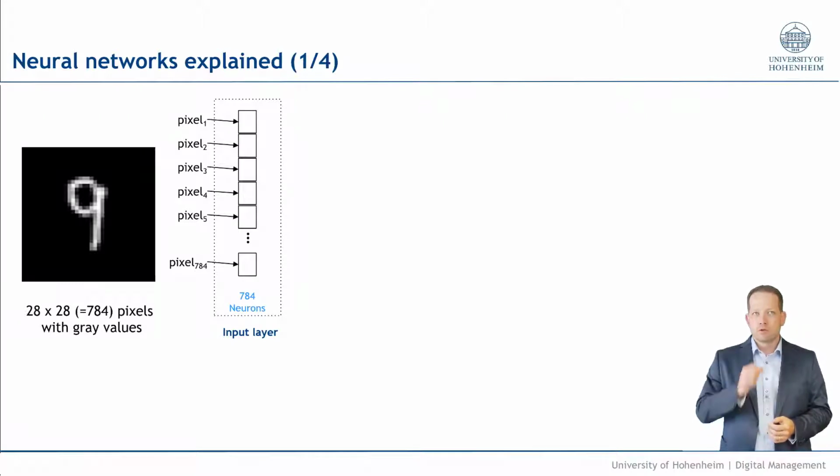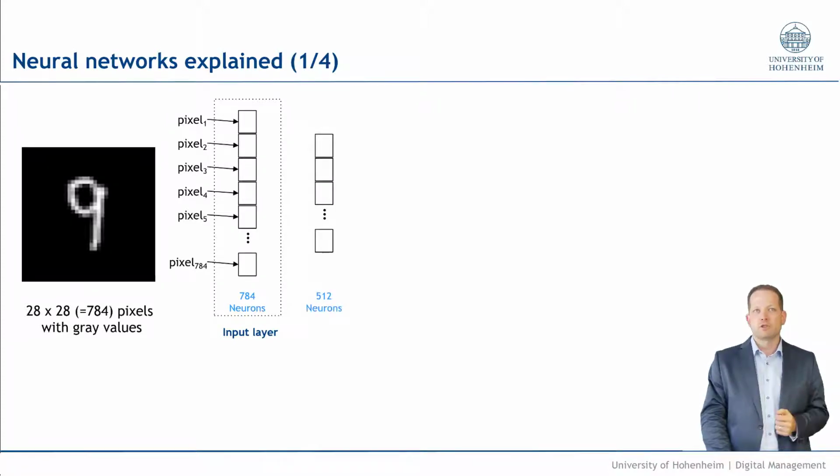So if you go through the pixels line by line, the uppermost left pixel is pixel 1, the next is pixel 2, and so on, down to the down corner on the right hand side, pixel 784. And you supply this gray value, going from 0 to 255, so that's the number range, 0 to 255, to each of these different 784 pixels. That's the input layer of our artificial neural network.